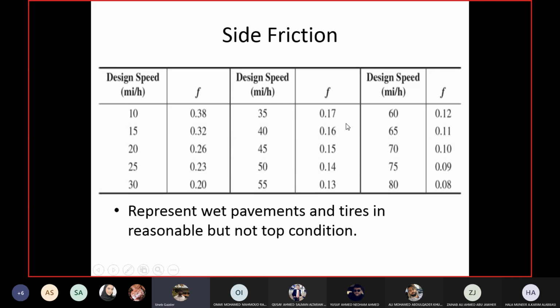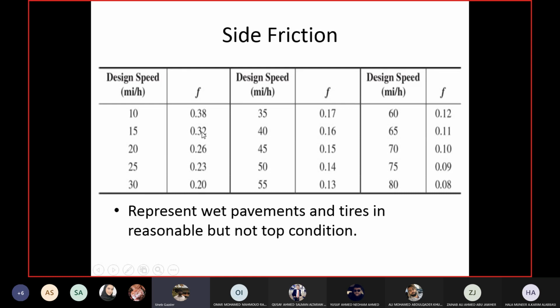The normal thing to do is, if you have a value between the given values, you should do interpolation. But for speeds of 35 and above, interpolation will not make much difference. If your speed value is in this part of the table, then you can take the closest value.